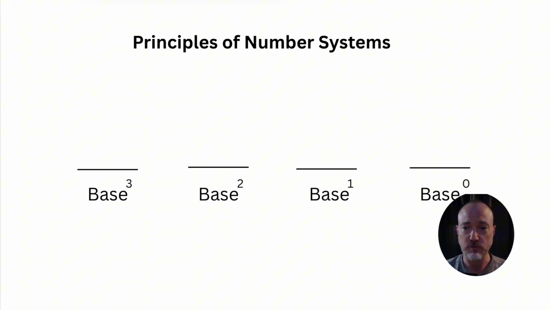If we have 2 digits, then the next place over to the left is the base to the power of 1. If we have 3 digits, then the next place over to the left from there is the base to the power of 2, so on and so on. So every time we add another digit, the place value is that base raised to the exponent plus 1.